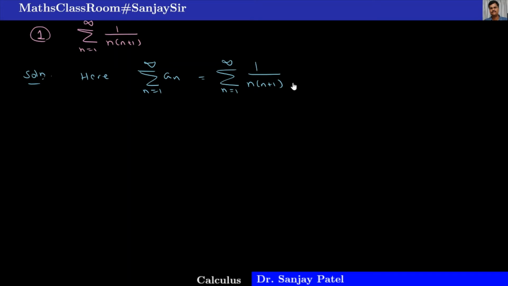Okay, so that means we have an equal to 1 upon n into n plus 1. We know what is Sn. To discuss the convergence, we need to find Sn, which is a1 plus a2 plus a3 up to an. But before we find Sn, let us express this as partial fractions, and you know very well how to do that because you have done so many problems of integration using the method of partial fractions.